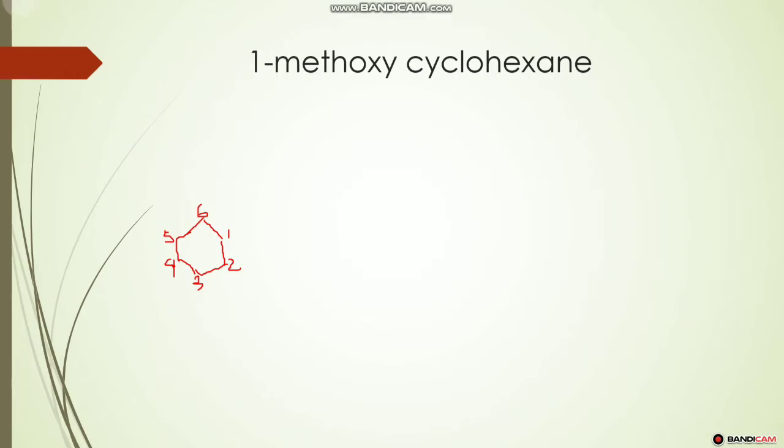So the O substituent is here in the first locant. So here is the O, where the meth is being attached. So this is now what we call 1-methoxycyclohexane.